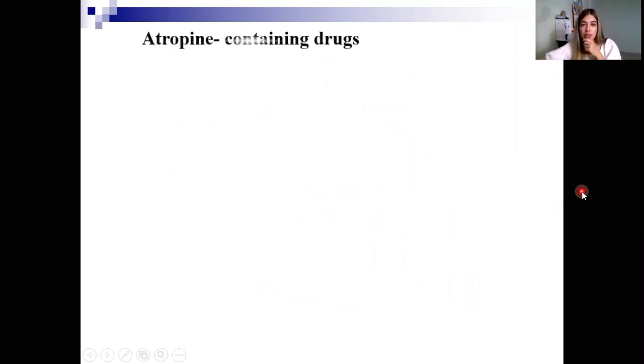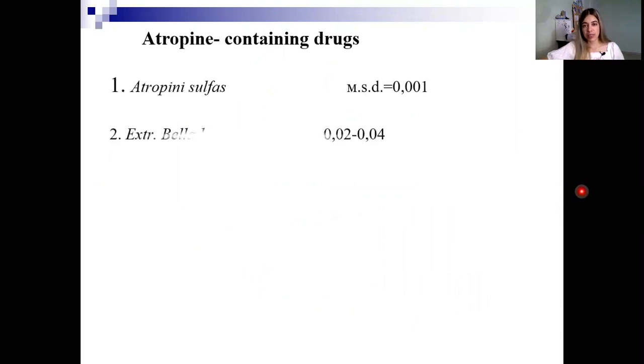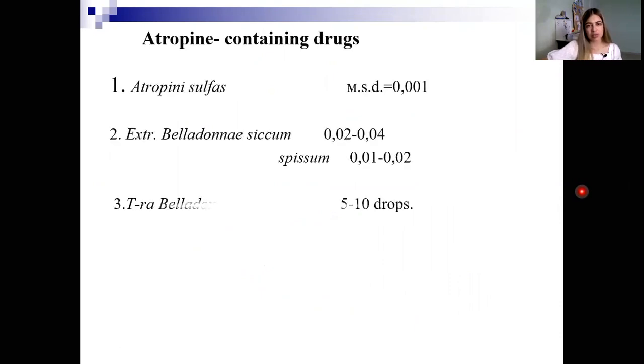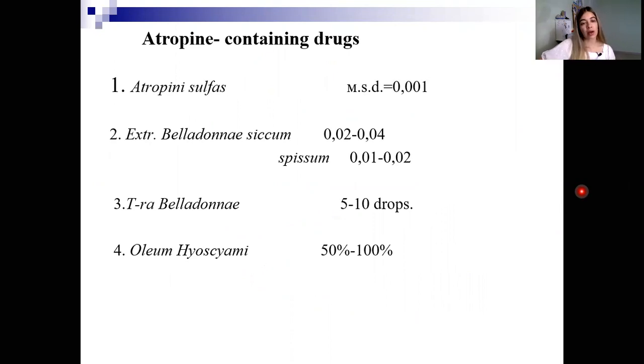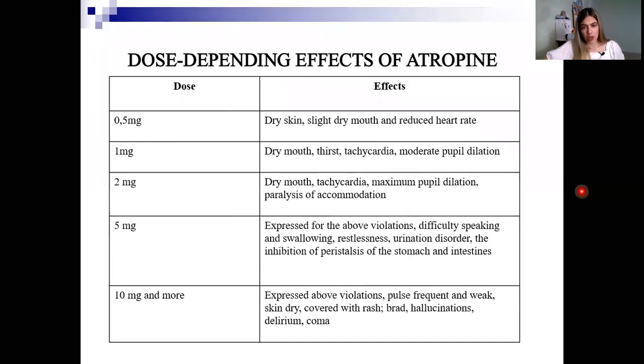Okay. Atropine-containing drugs are atropine sulfate, extract of belladonna, tincture of belladonna, and also hyoscyamus oleum. Oil, I mean oil. So these drugs are rarely used now.